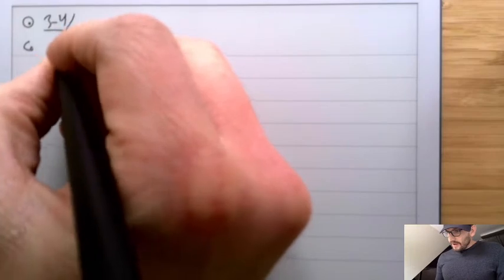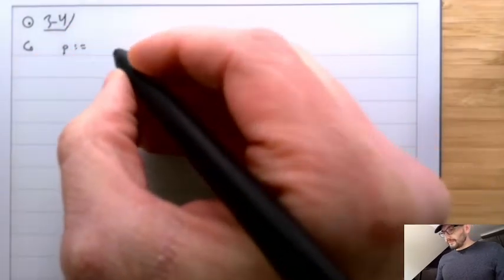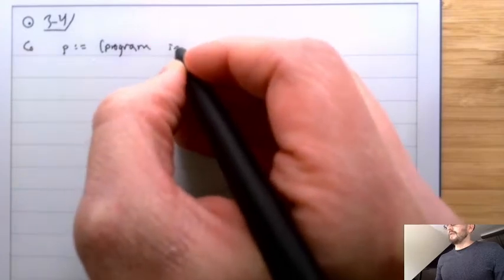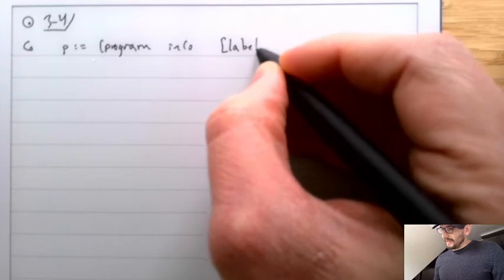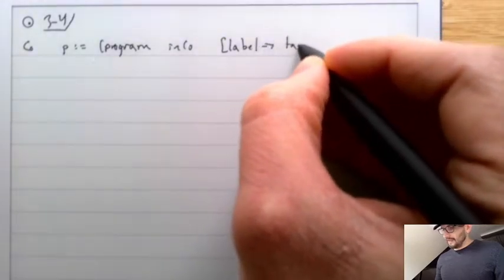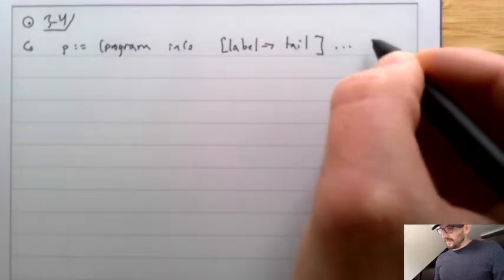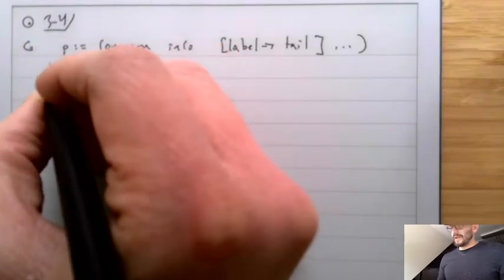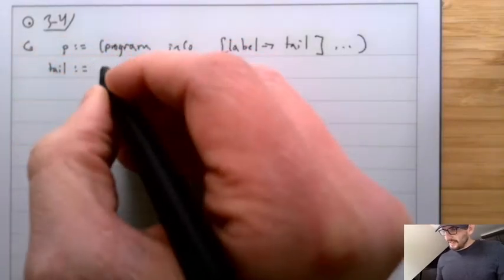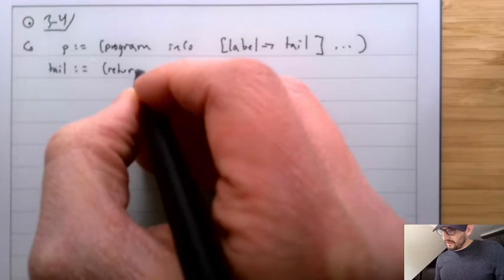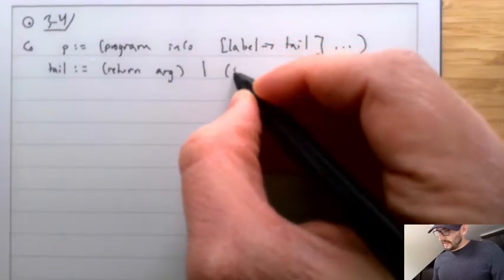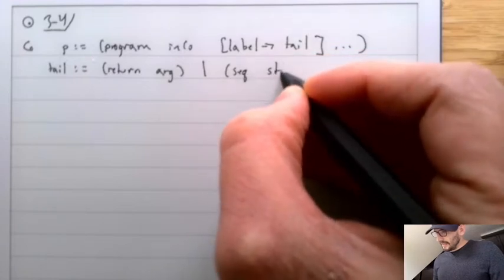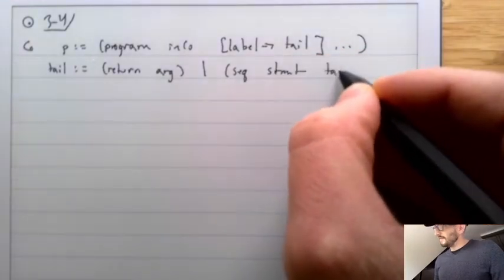C0 has programs, which we write as program, and then some info, and then a mapping from a label to a tail. And there's many of these. Now a tail either is a return of an argument, or it is a sequence of a statement and a tail.